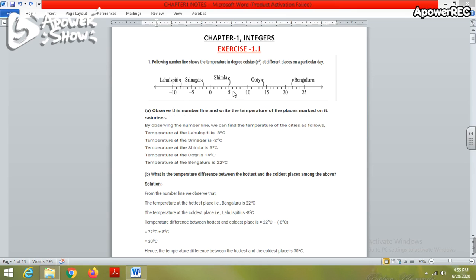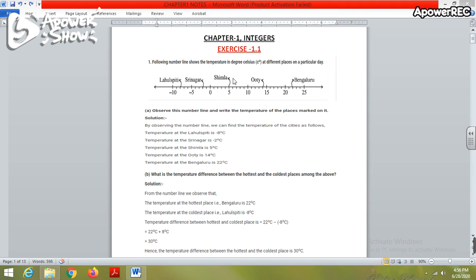If we look at the temperatures of the places marked on it, here this is 0, and on the right side of 0 we have positive integers, and on the left side of 0 we have negative integers. If we move to our right, then the temperature of Shimla equals 5 degrees Celsius.